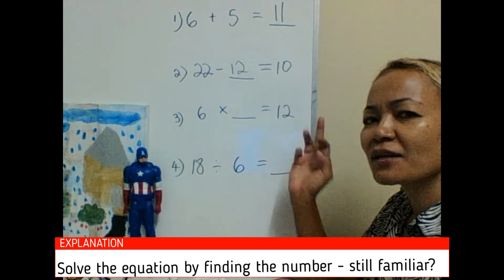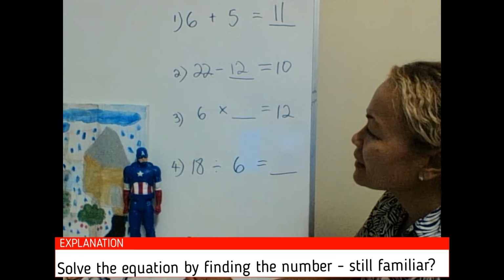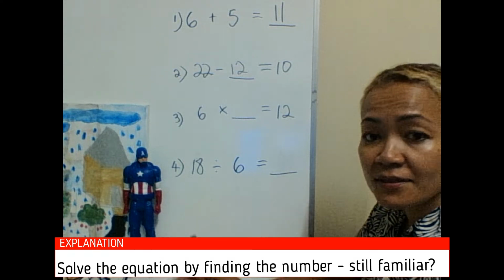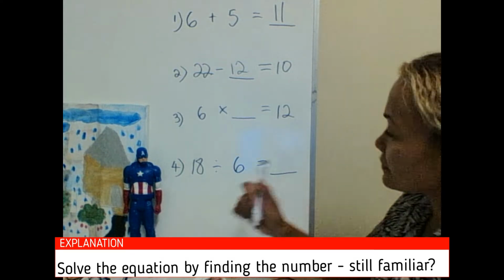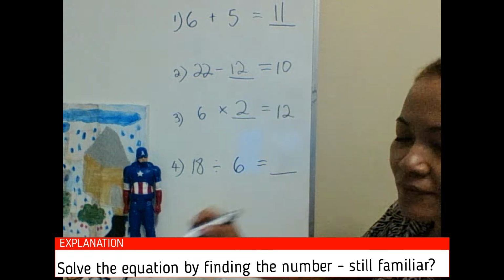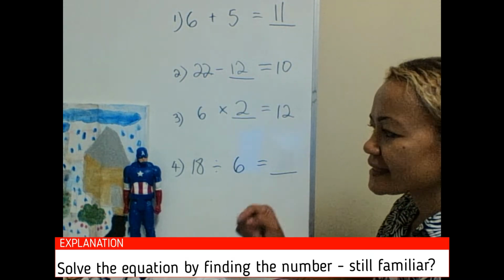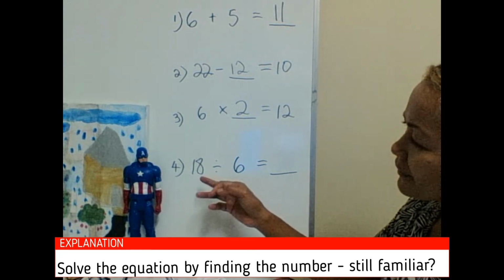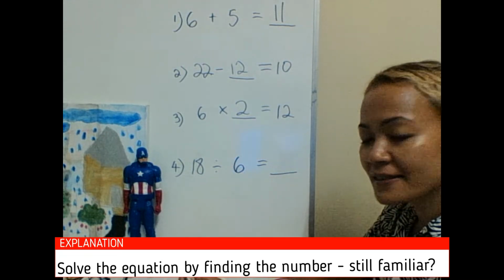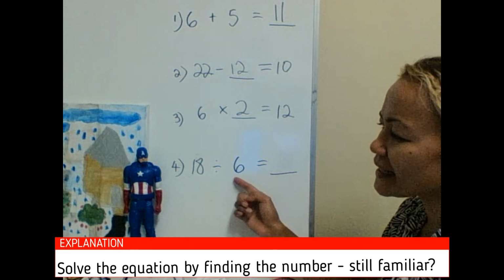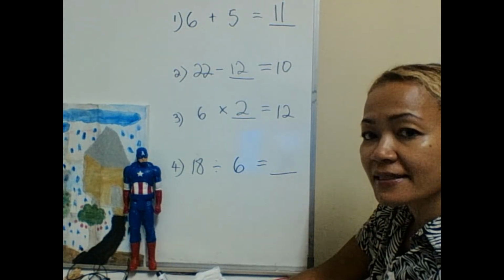6 times something equals 12. Out of your 6 times table, 6 1s are 6, 6 2s are 12, right? So you know that is supposed to be 2. And 18 divided by 6, so 6 times something equals 18.